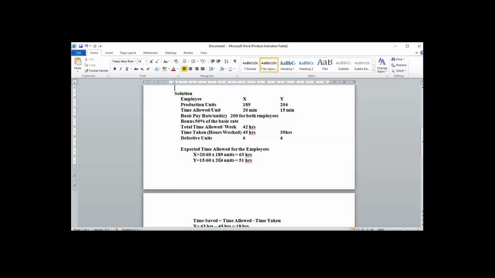We now look at it. If they have worked normal based on that 20 minutes, what should be the actual time they should have used? They will have used 43 hours to complete that quantity.